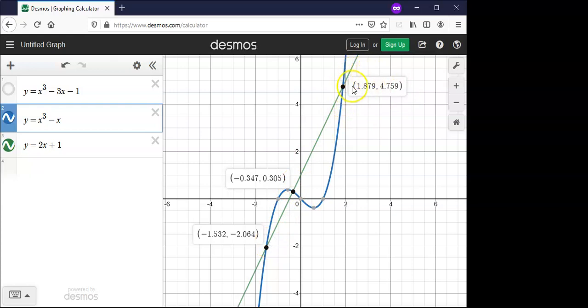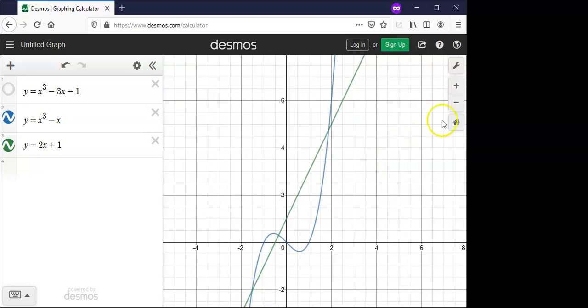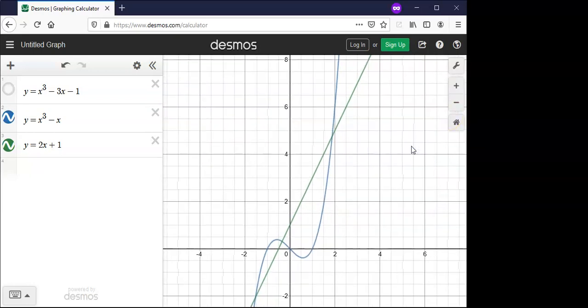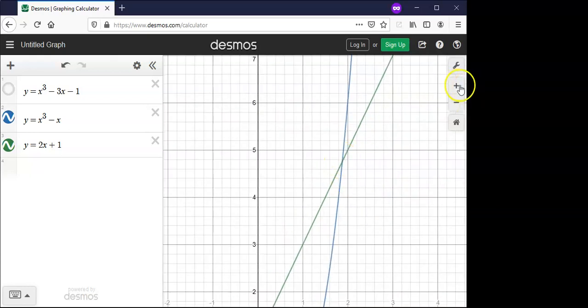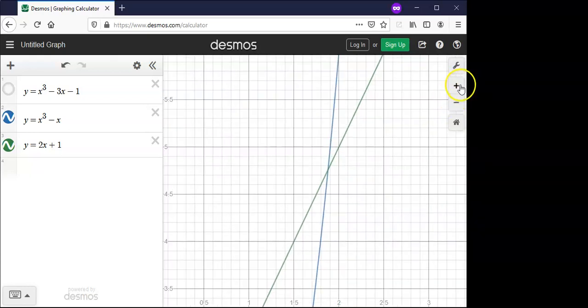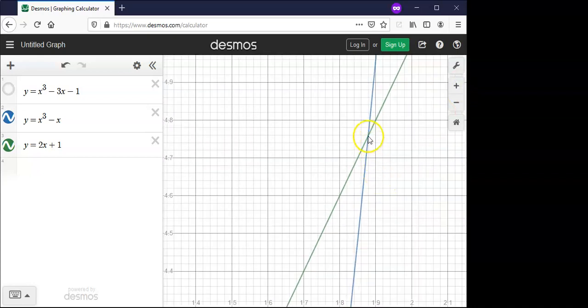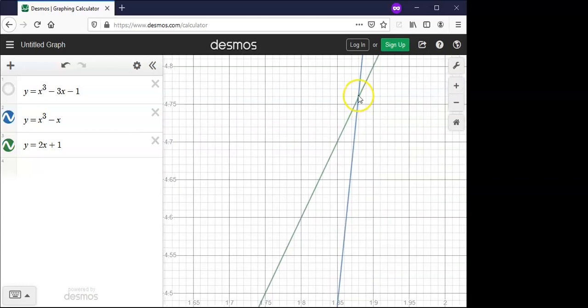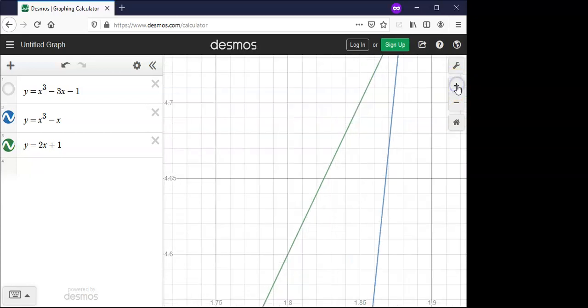Now, if you don't have these approximate solutions, suppose that you're using some kind of TI-84 calculator, not a fancy Desmos calculator. In that case, you'll have to do something like this. Look for this, zoom in, and then let's see, what's the x coordinate here? 1.85. Can you read these gray characters here? Zoom in further.